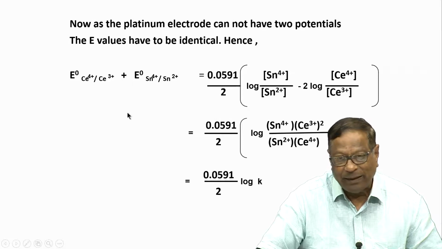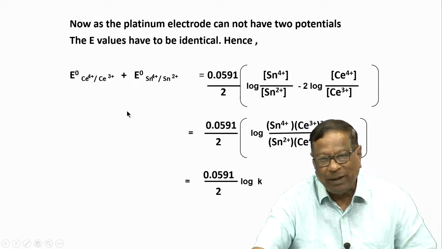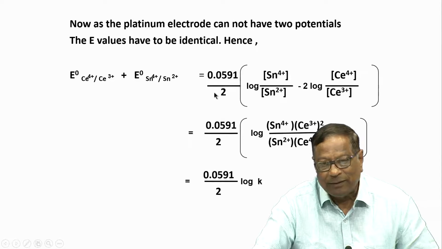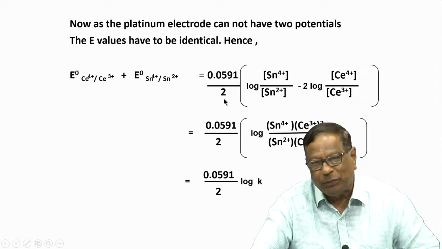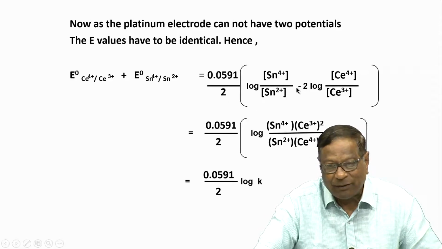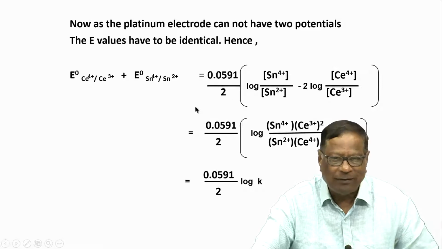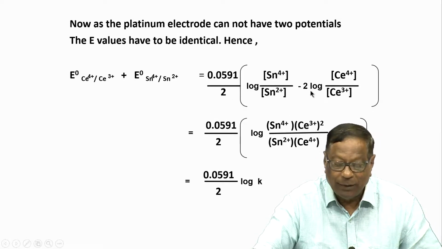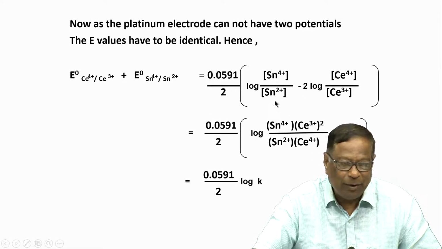So, the cell voltage would be the difference between the two, that is the sum of the reduction potential or sum of the oxidation potential. One would be minus anyway. So, one would be reduced, one would be oxidized.